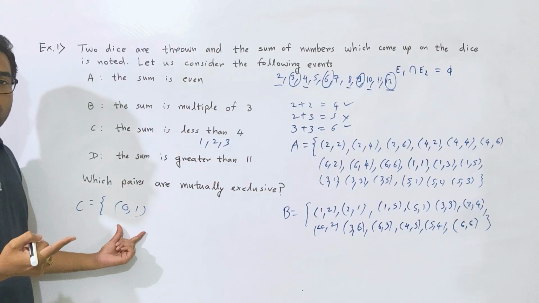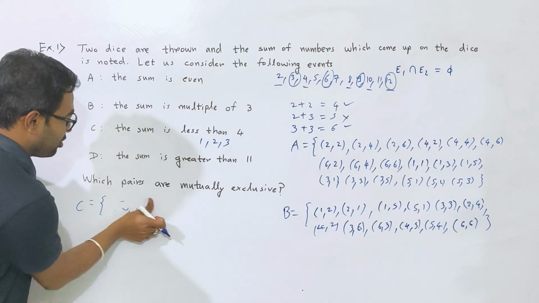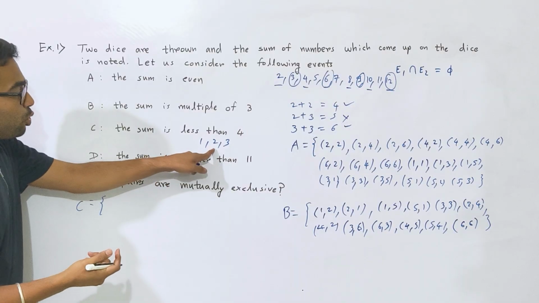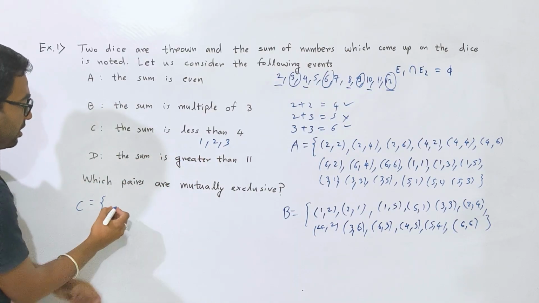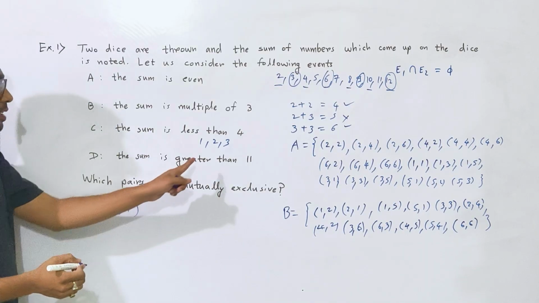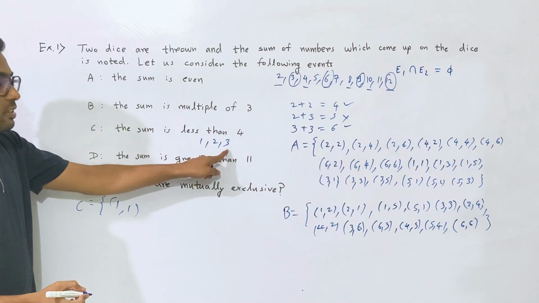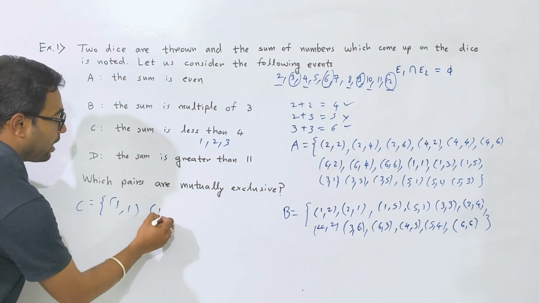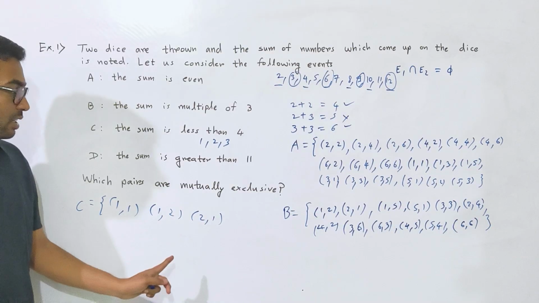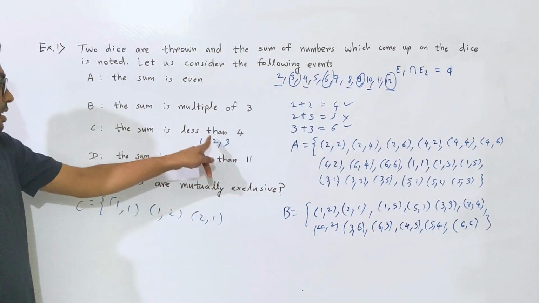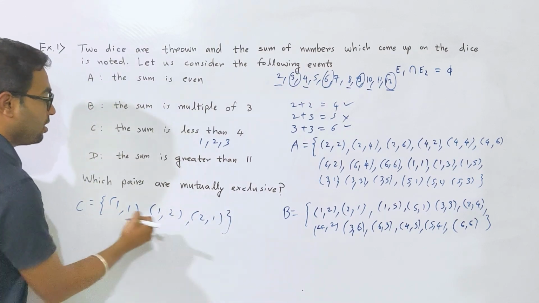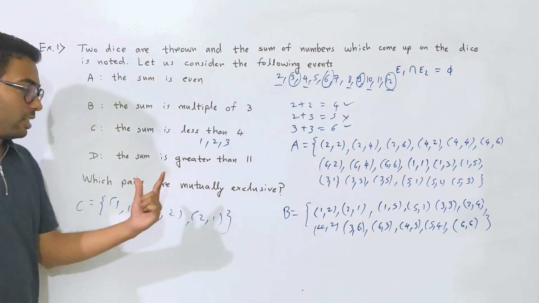But 0 is not our favorable outcome, so this is not possible. So I cannot get 1 anytime. 2, is it possible? Yes, only in this case, 1, 1. Now for 3, these are the possibilities. Is there any other possibility for a sum less than 4? No. So these are your possible outcomes for C.